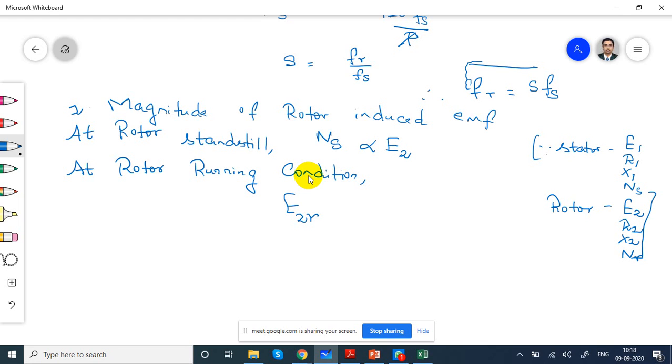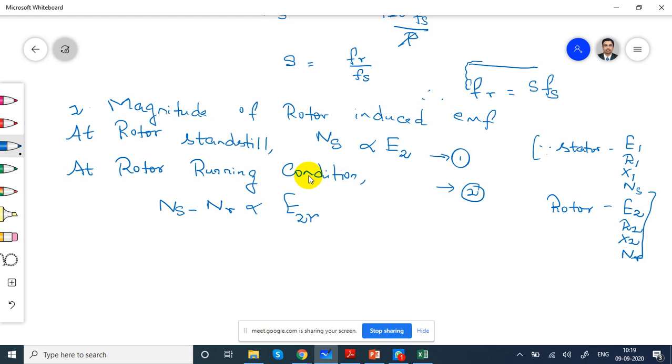The suffix R stands for running. So E2R is directly proportional to the slip speed, Ns minus Nr. This is equation number 2 and the earlier one is equation number 1.